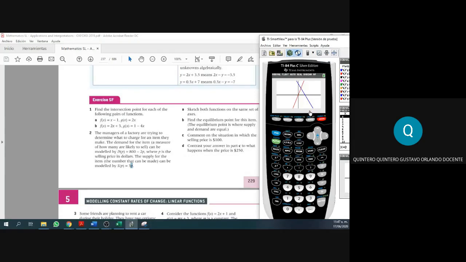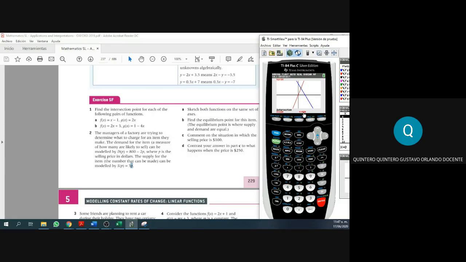I lost the value of Y. All right, let me just calculate it again real quick. Intersect, right? First curve, second curve, guess. There. All right, the Y value is 480.